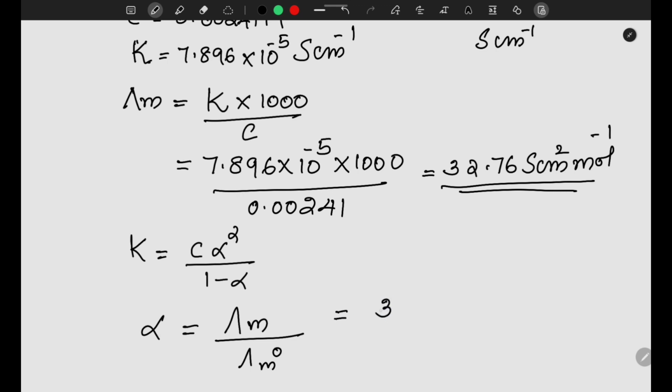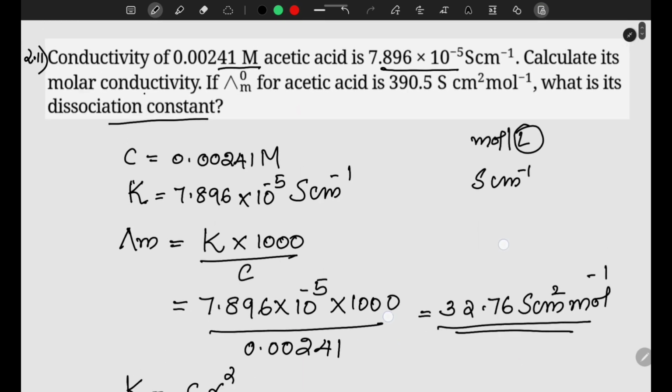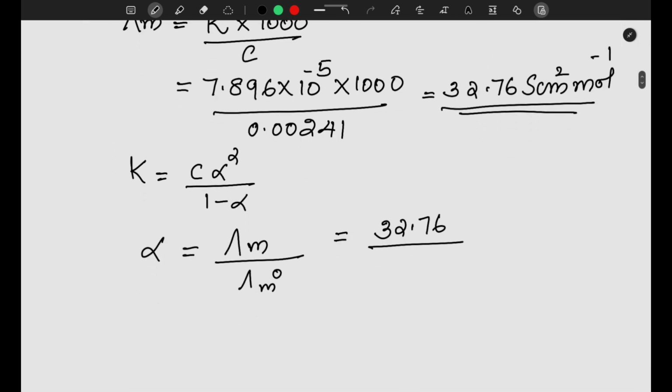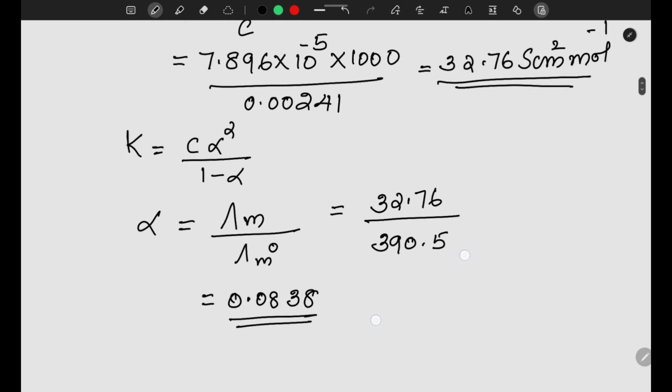Molar conductivity is 32.76 and the limiting molar conductivity is given as 390.5. When we simplify, we will get 0.0838. This is the degree of dissociation.